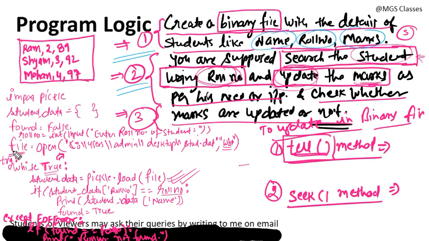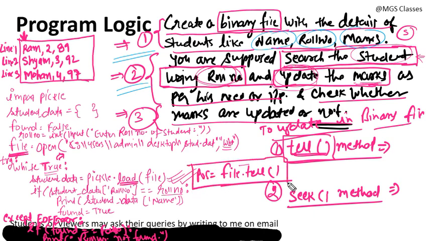Whenever you open the file, the file pointer is located at the first position, line number 1, this is line 2, and this is line 3. If you call the file.tell method, it will return the current position of the pointer. Let's suppose initially the pointer is on the first character of the file.